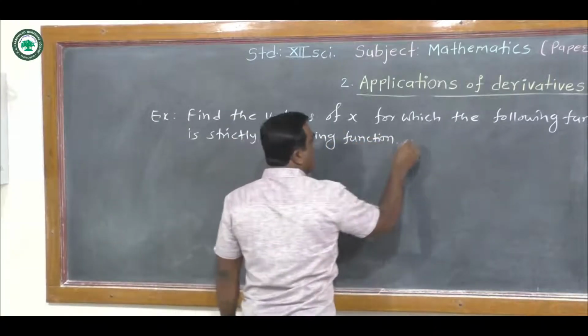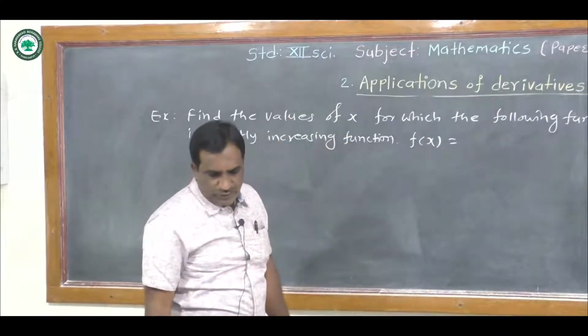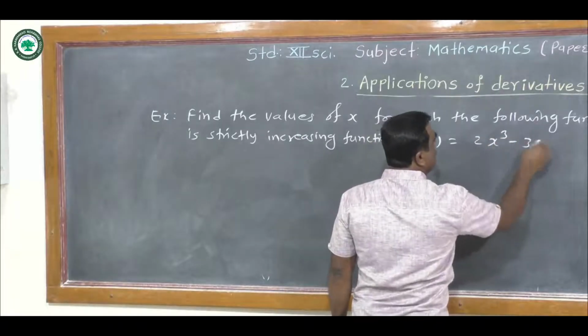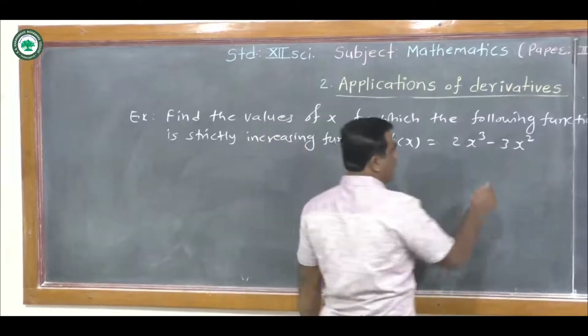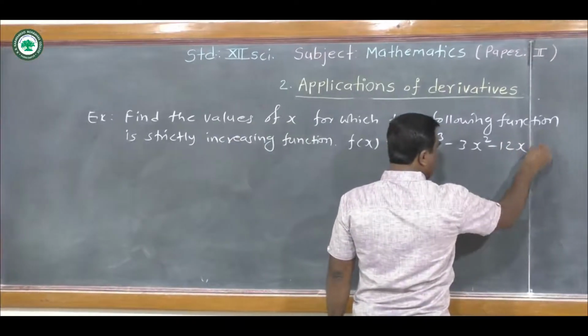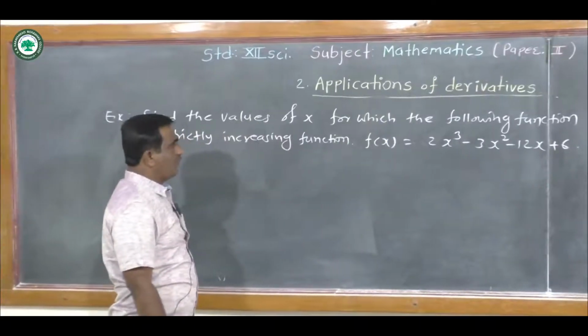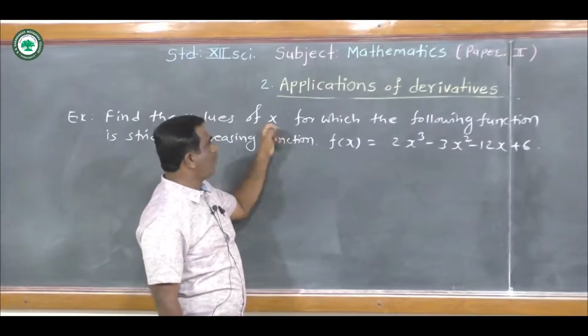Now here the function is f of x equal to 2x cube minus 3x square minus 12x plus 6. In this example, it is given that this function is an increasing function, and we have to find the values of x.